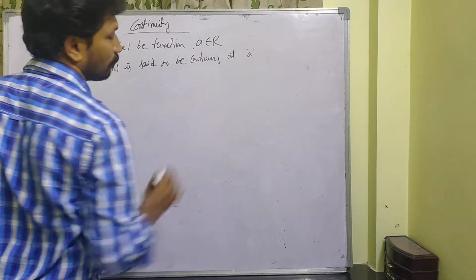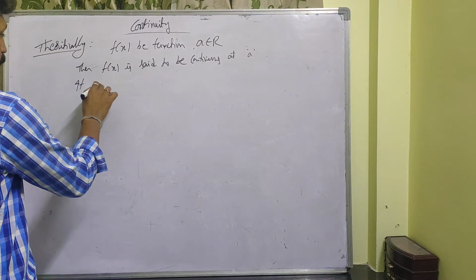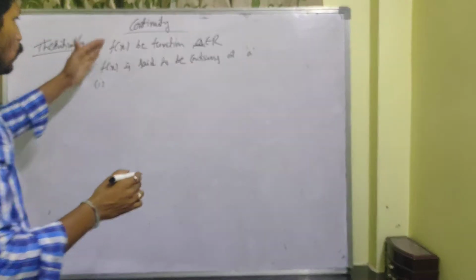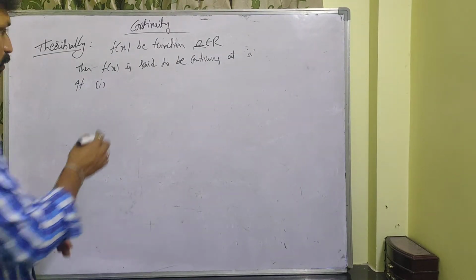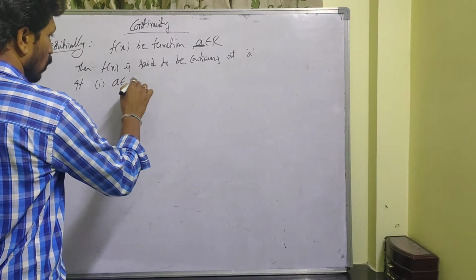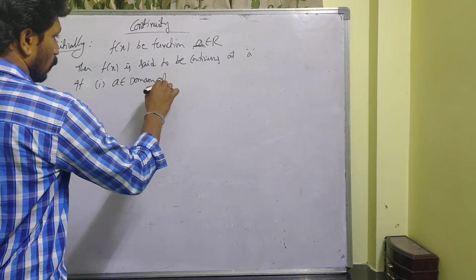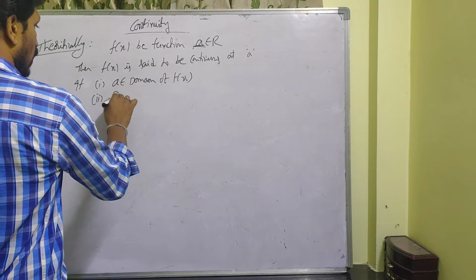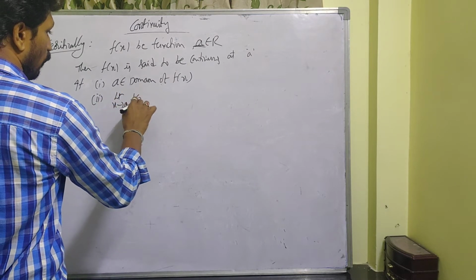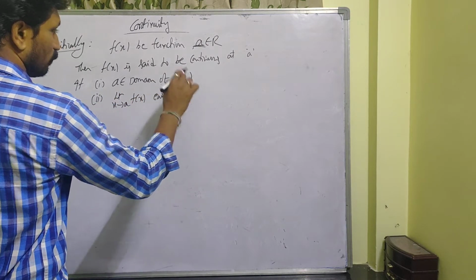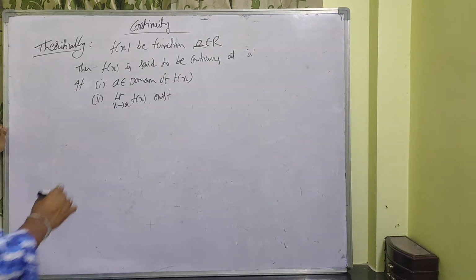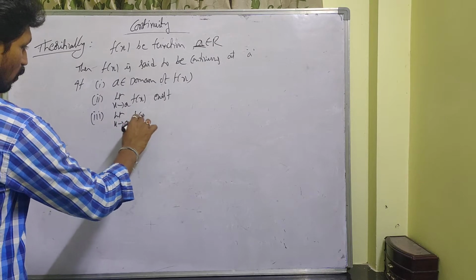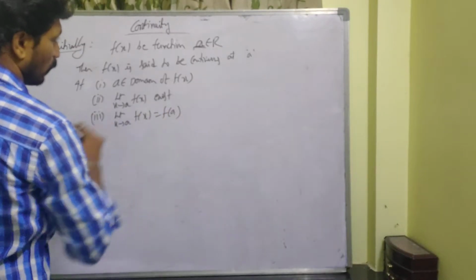Then f of x is said to be continuous at point a if, first, this a should belong to the domain of f of x. Second, the limit as x tends to a of f of x exists. And third, the limit as x tends to a of f of x should be equal to f of a.